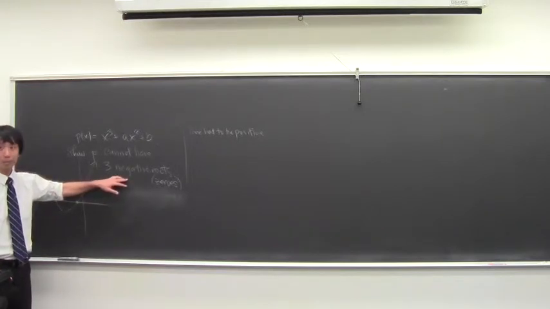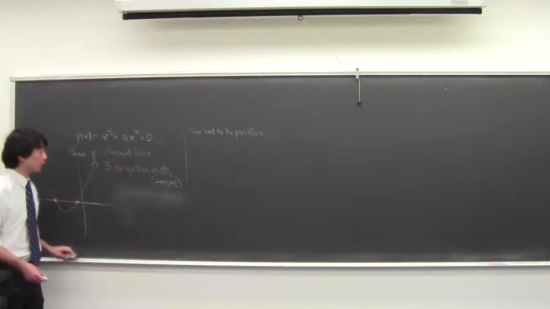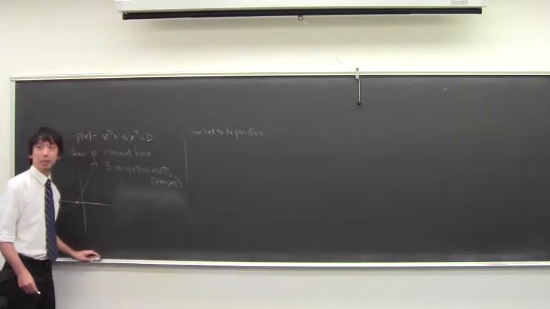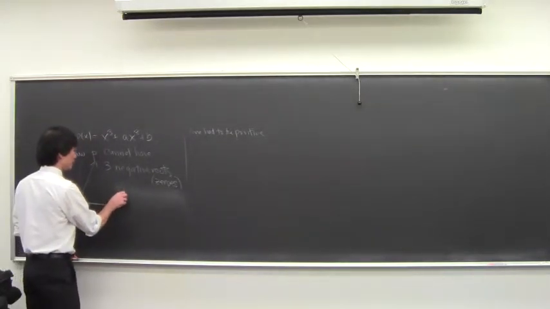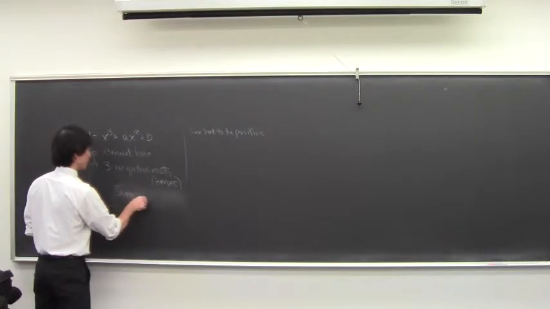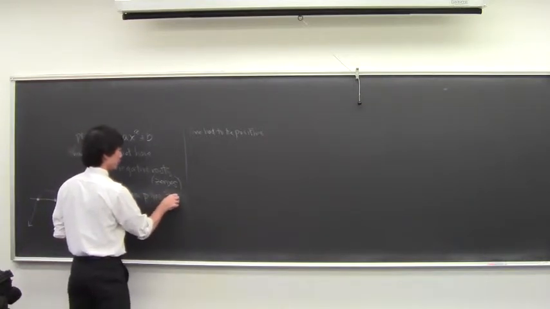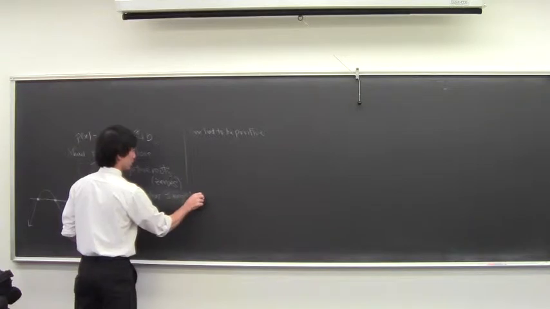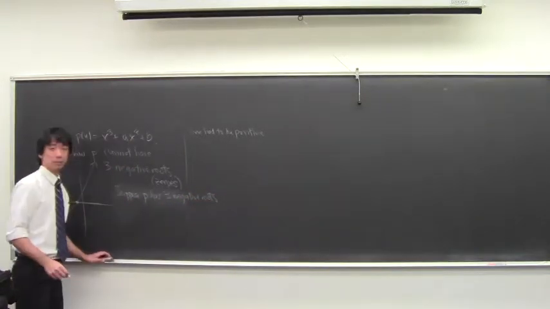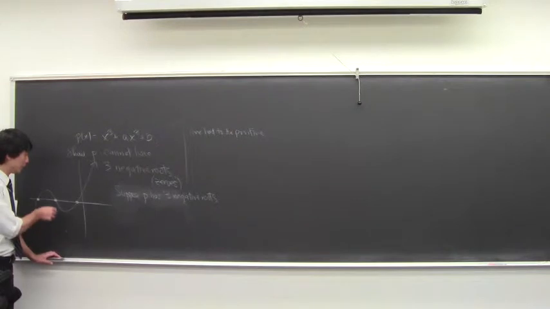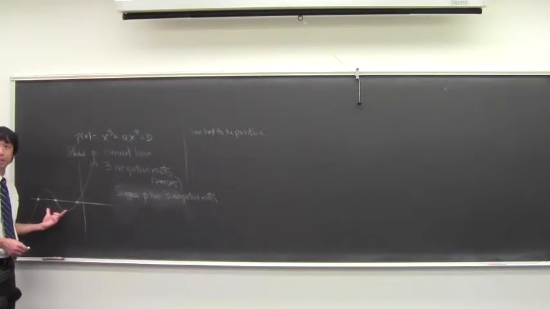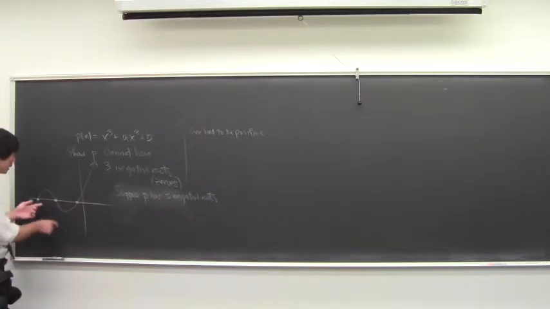But a way that's maybe more along the lines of what we're doing recently is to use Rolle's theorem. Suppose P has 3 negative roots. Well, then what would happen? If there are 3 negative roots, what can you tell by Rolle's theorem?